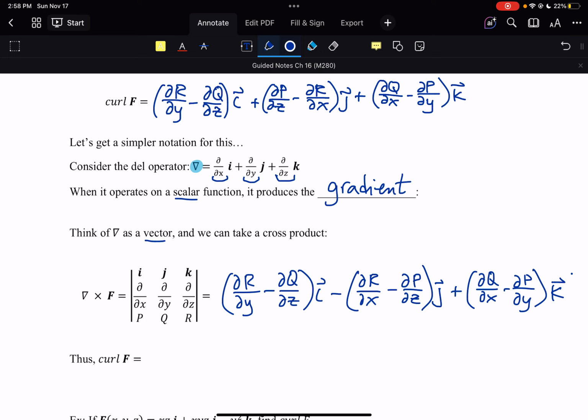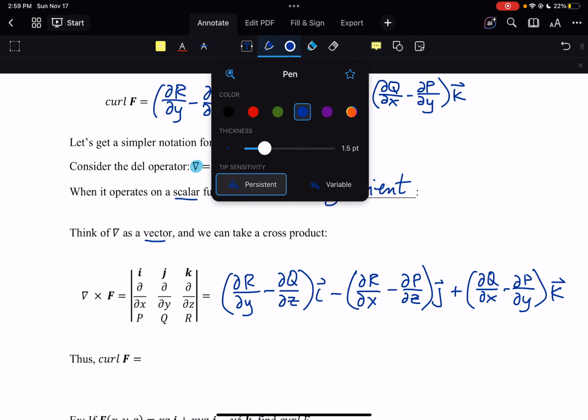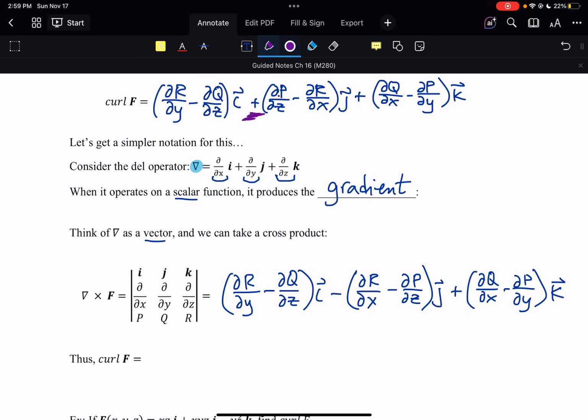So if we compare what we had up above versus what we have now, notice that they're not 100% identical. Up above we have plus partial P with respect to z minus partial R with respect to x. Here we have a minus, and these two have been reversed. If we pull out a negative from both, that would become a plus, this one would become negative, and this one would become positive.